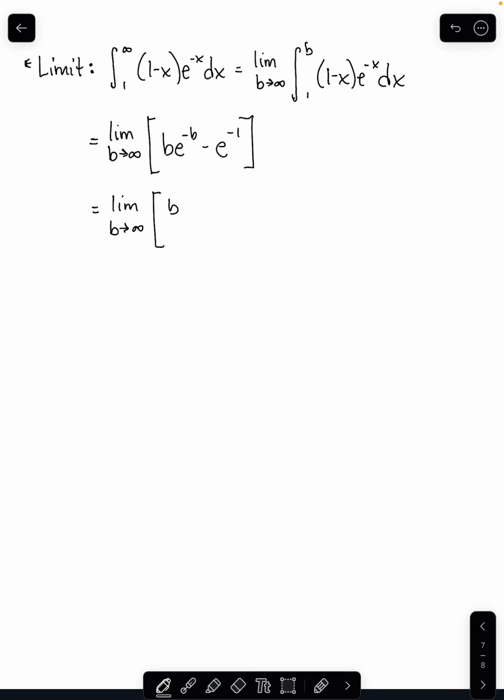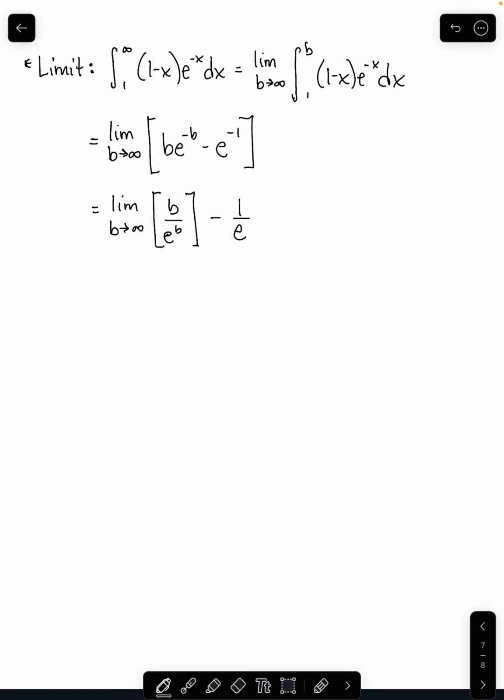At this point also, I'm going to choose to rewrite it as b over e to the b. And there's a reason for that. Not that we can't deal with e to the negative b, but e to the positive b is certainly better.